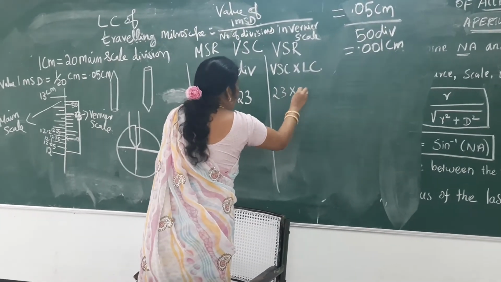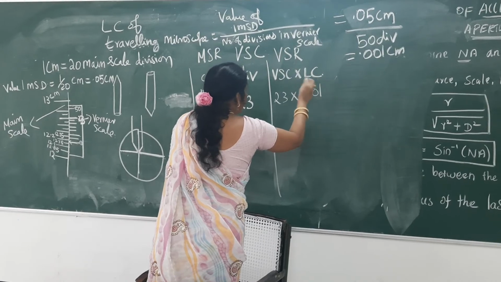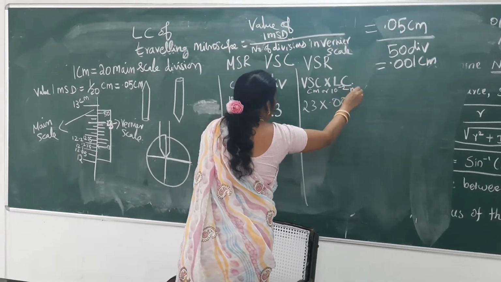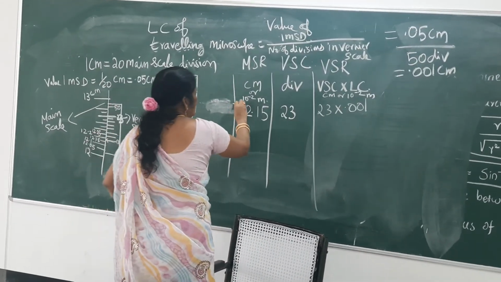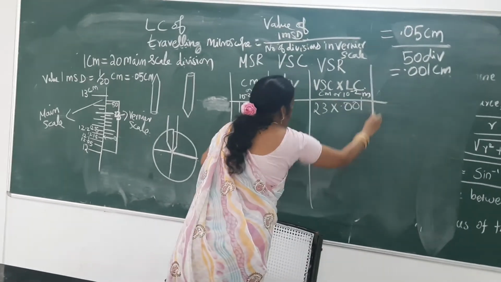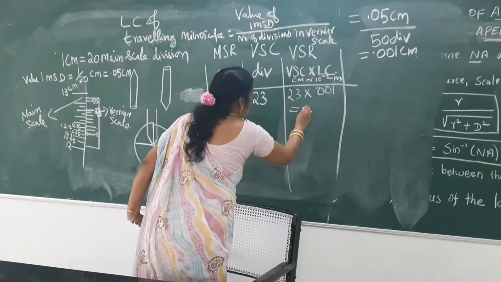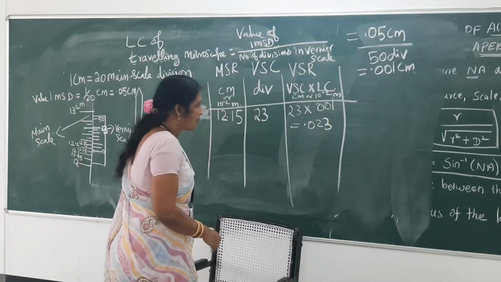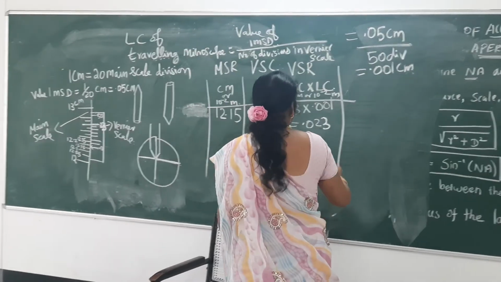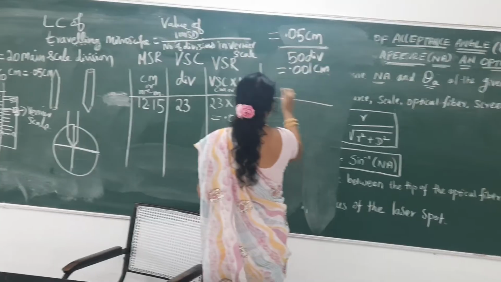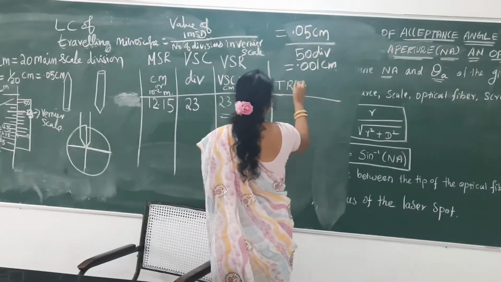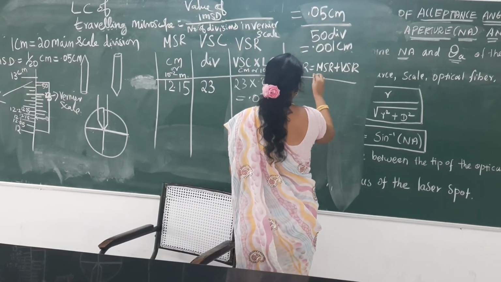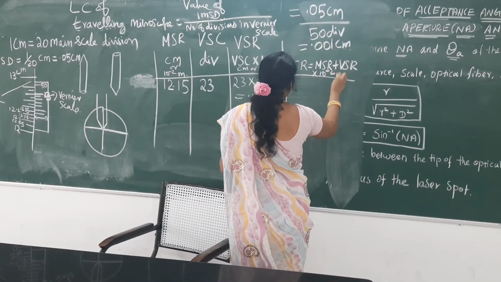Now the Vernier scale reading is 23 into 0.001, which is in centimeter or 10 power minus 2 meter. That is equal to 0.023 centimeter or 10 power minus 2 meter. Now the total reading. Total reading is equal to main scale reading plus Vernier scale reading, in centimeter or 10 power minus 2 meter.